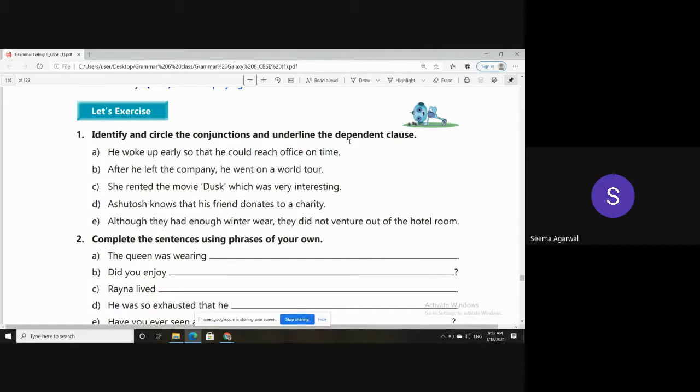Although. Very good. Although is the conjunction. Although they had enough winter wear is the subordinate clause, and they did not venture out of the hotel room is the main clause. Very good.